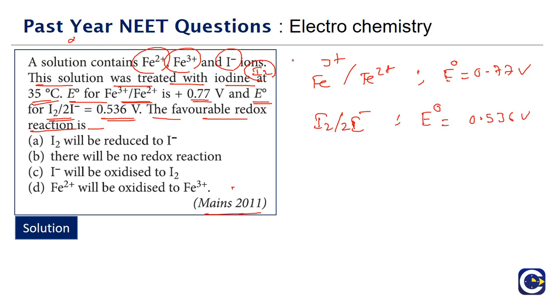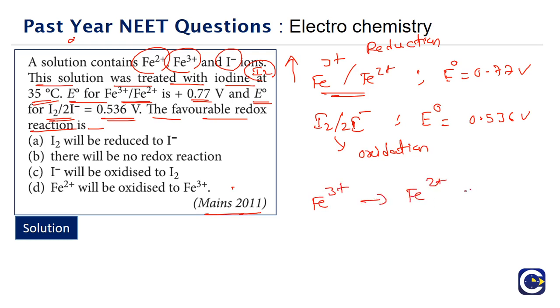This is the higher. Okay, so this will undergo reduction. And if there is a reduction, here there is going to be oxidation, isn't it? Reduction means that Fe3+ will get converted into Fe2+. There the reduction is going to happen.